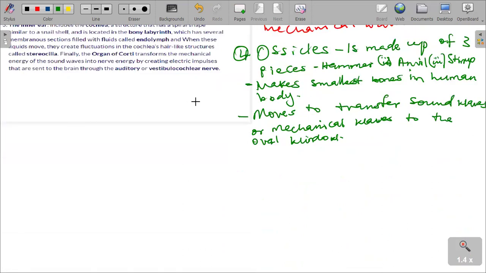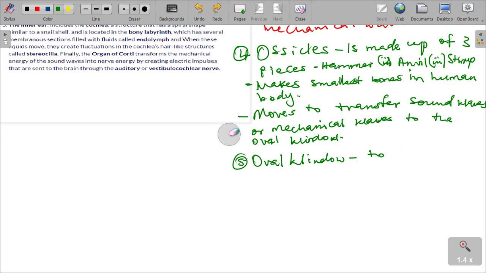The oval window, number 5 now. What we are saying is that it helps to transmit the sound waves.